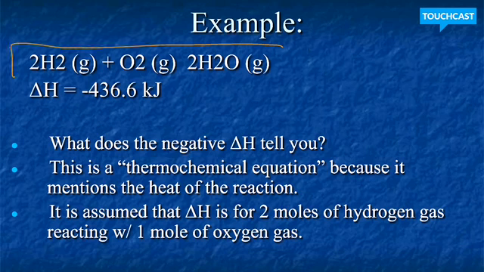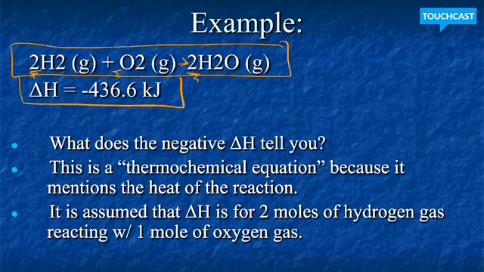If you look at this reaction, it is balanced, but you should take note that it is producing 2 moles of water, and the reactants have 2 moles of hydrogen and 1 mole of oxygen. So make sure that you're taking good note of that, because this value right here is associated specifically with this particular chemical reaction, with the 2 moles of hydrogen and 1 mole of oxygen producing 2 moles of water.